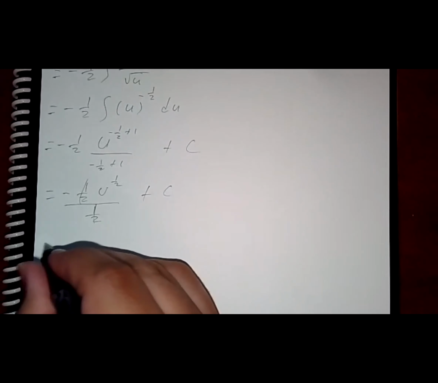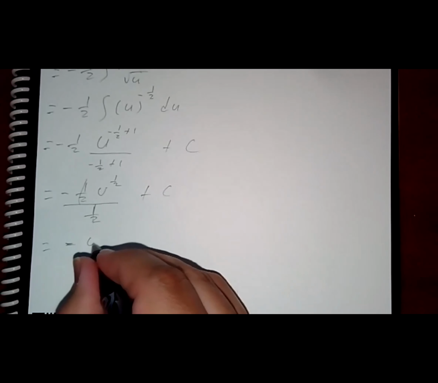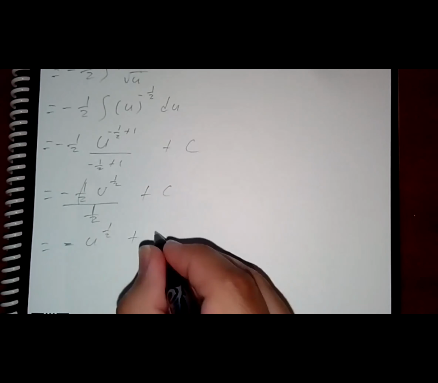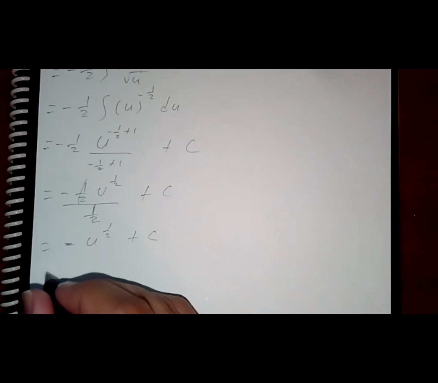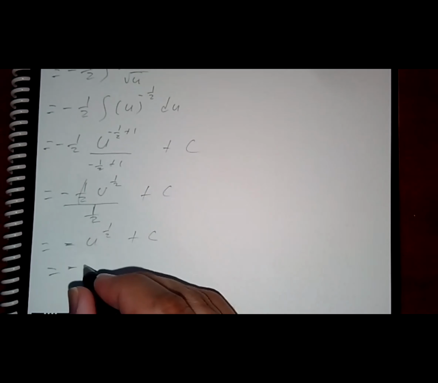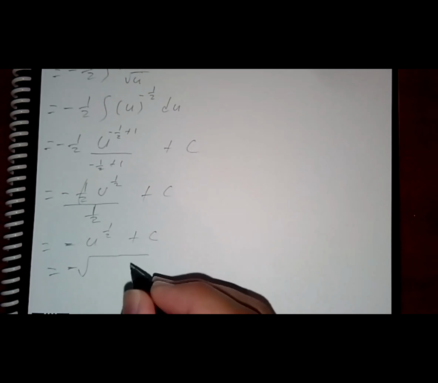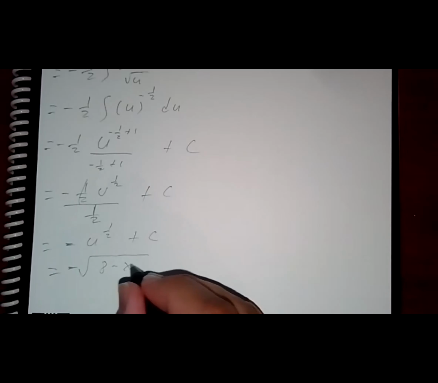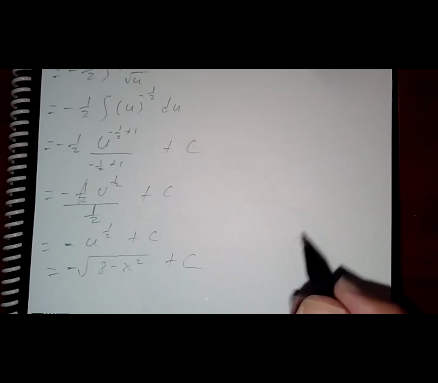So that'll cancel, leaving me with negative u to the 1/2 plus c, which will be negative square root of 8 minus x squared plus c.